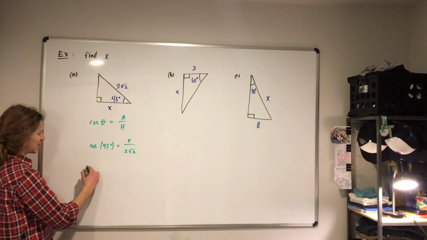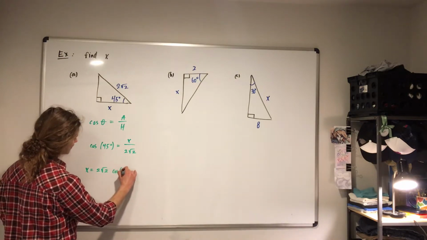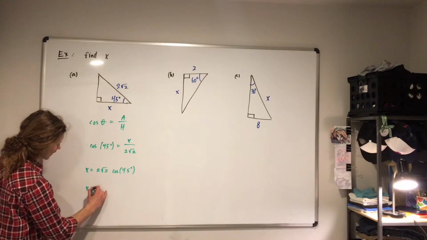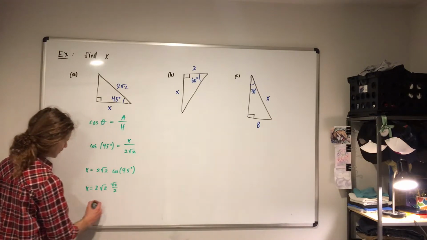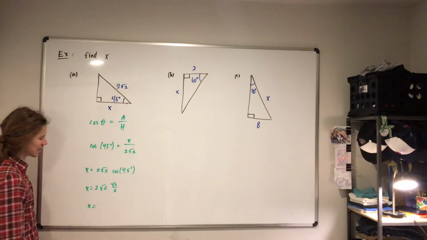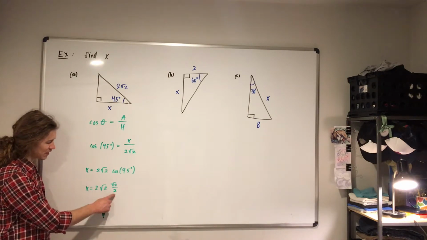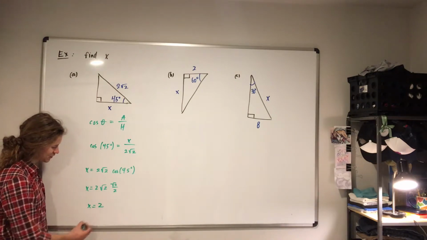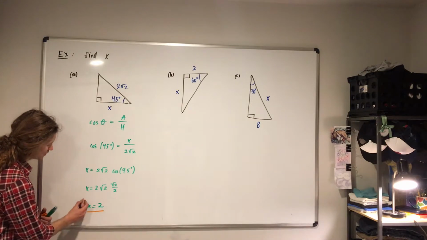And we can evaluate for x. x equals 2 root 2 times the cosine of 45 degrees. Consider the cosine of 45 degrees is just root 2 over 2. So we can find our value for x, where we have 2 divided by 2 is 1, root 2 times root 2 is root 2 squared, or just 2. We find our solution, x is equal to 2.